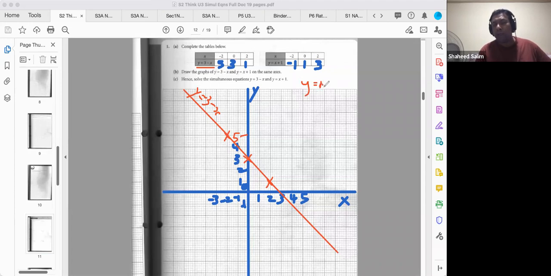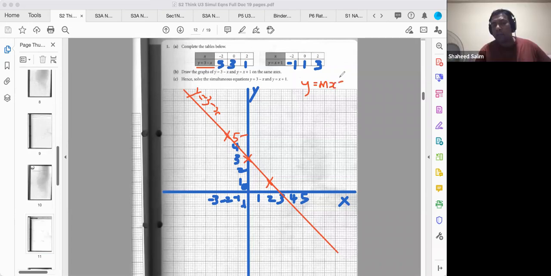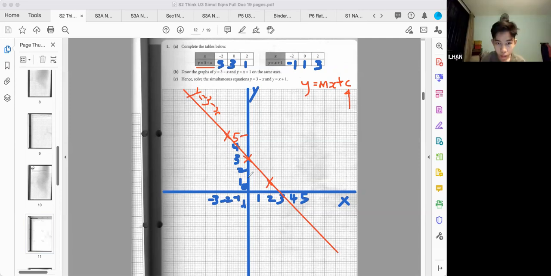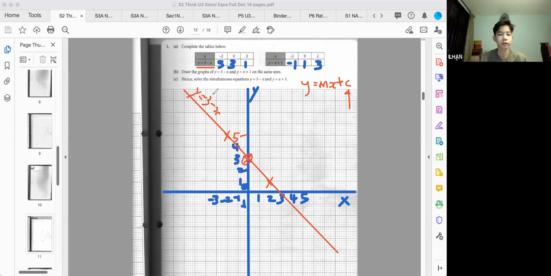Y equals mx plus c. This c is called the y-intercept. That means it's the part of the y-axis where it's cut. So this graph cuts the y-axis at what number? Down here, look. 3. Can you see this number here?